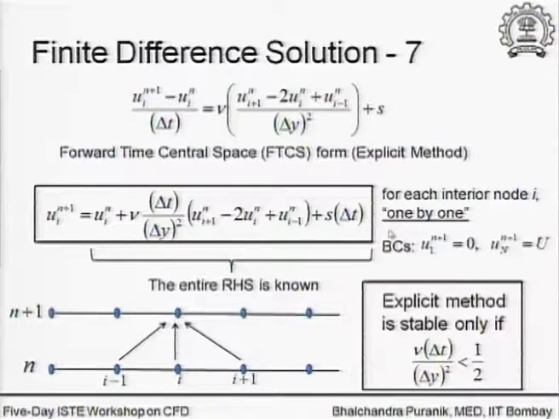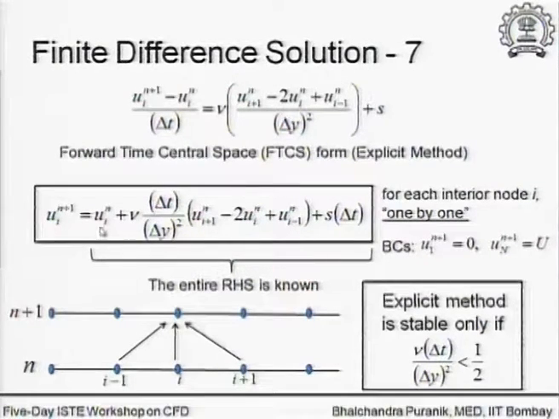So the entire RHS is known, as I said, and graphically if I want to show how the solution is progressing, I am showing it at the bottom here, where I have drawn the nth level and the n plus first level domain, let us say. At any grid point i, what I am doing is I want to find out the solution at this grid point at the n plus first level.